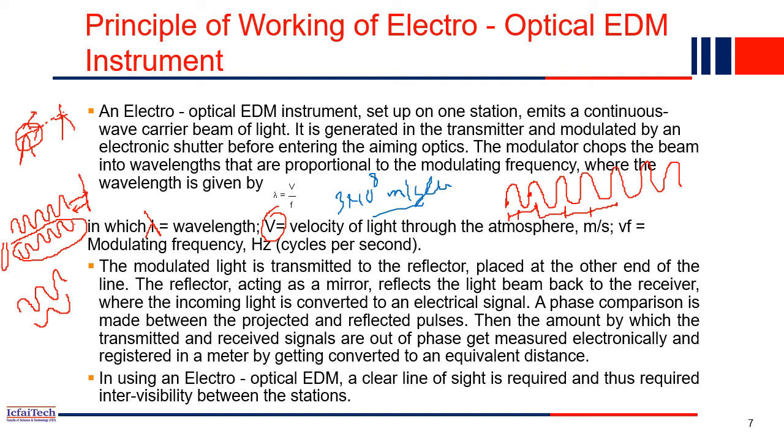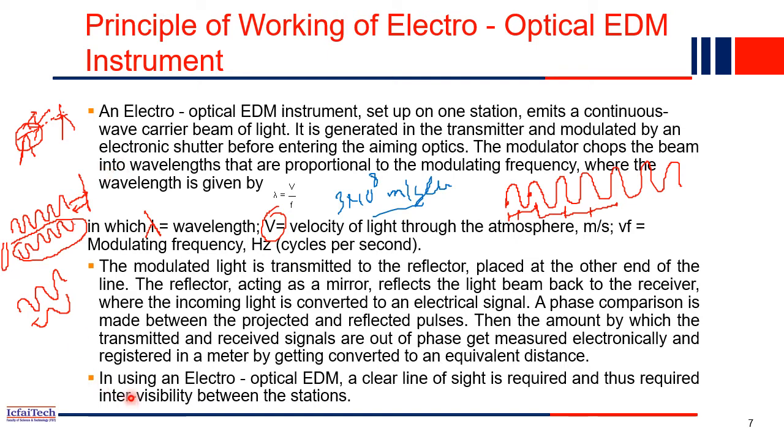In the receiver you have the phase meter, which measures the phase difference between these two waves: one is the emitted wave, another is the reflected wave. That phase difference will be recorded, and how many complete wavelength cycles it has completed from this point to this point will also be measured. Based on this, we find the distance.